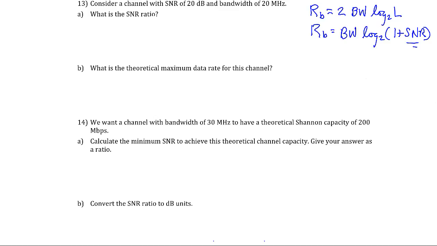And this problem starts out by saying we have an SNR of 20 dB and a bandwidth of 20 megahertz. So I'm going to go ahead and write SNR is equal to 20 dB, and the bandwidth is equal to 20 megahertz, or 20 times 10 to the 6th hertz.